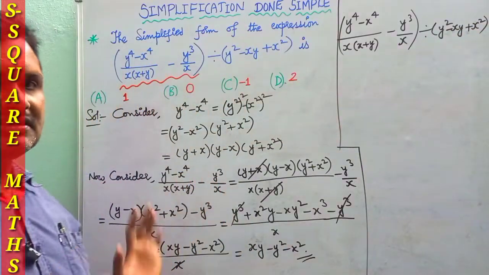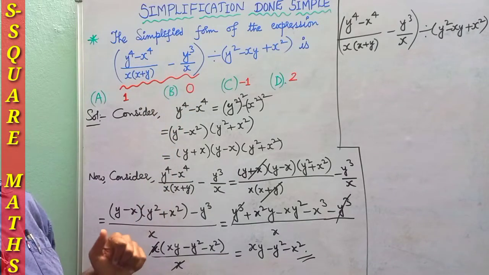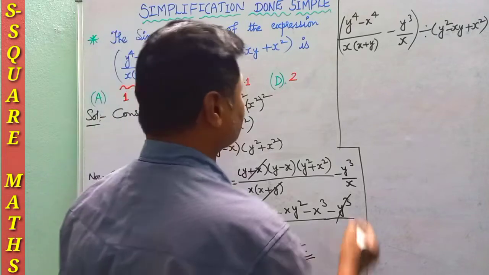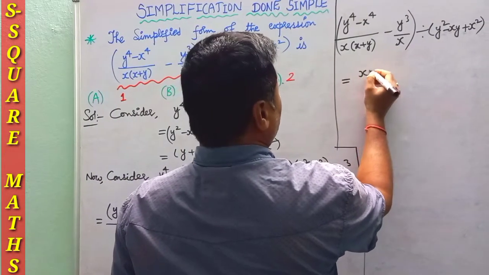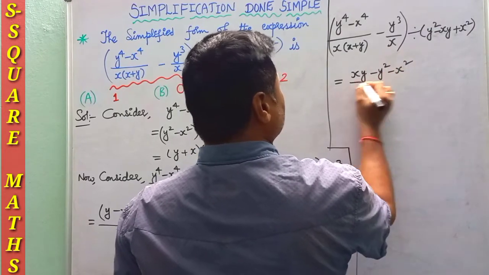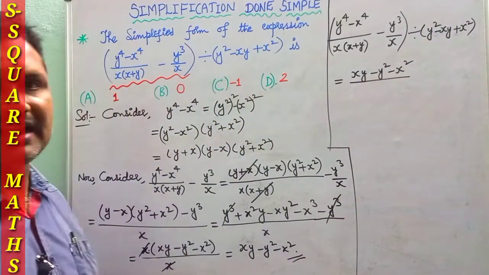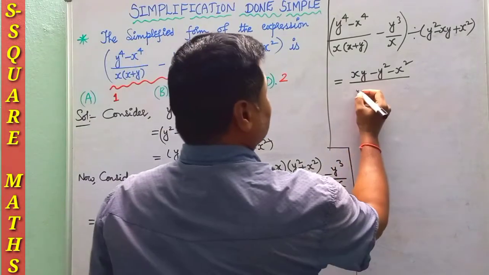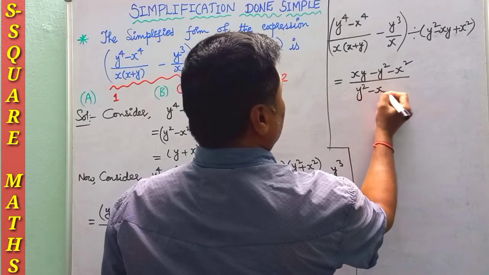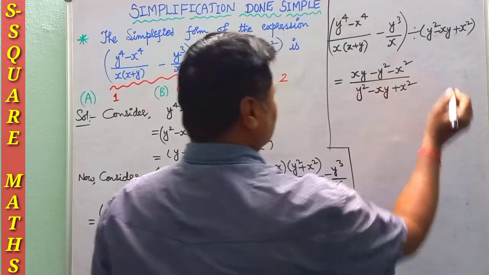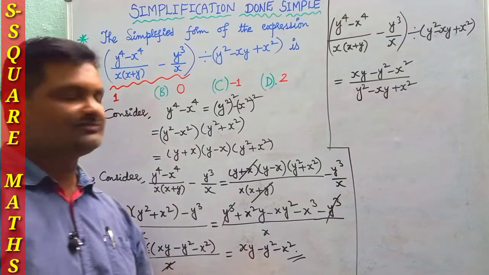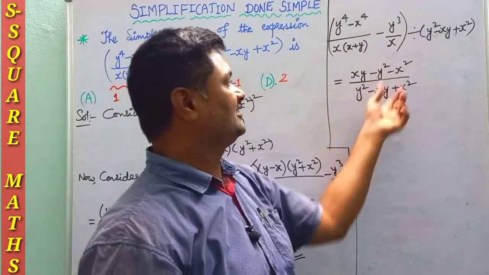This is my given expression. The numerator I got is xy minus y square minus x square. Since it is a divided symbol, I write by y square minus xy plus x square. Finally, numerator by denominator.